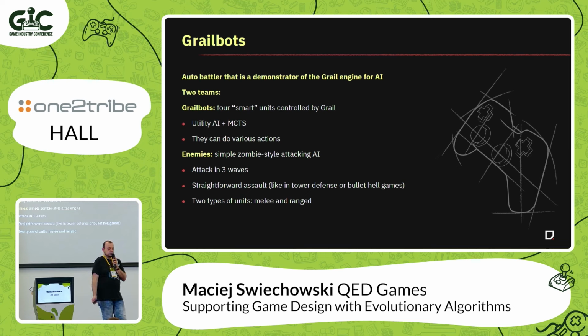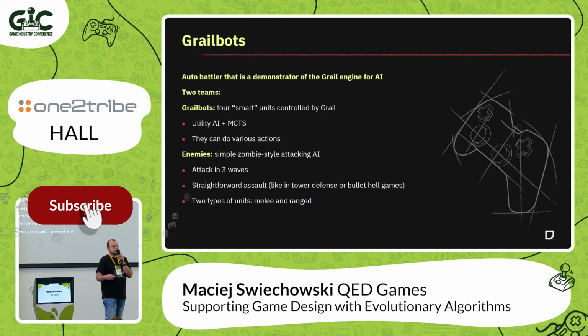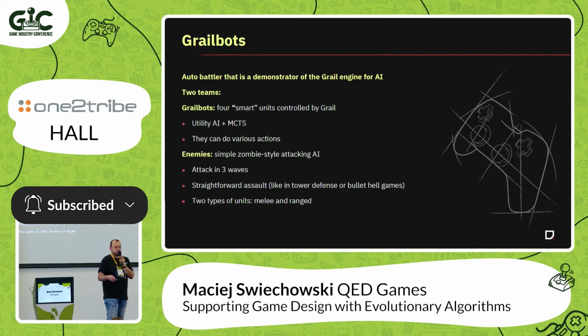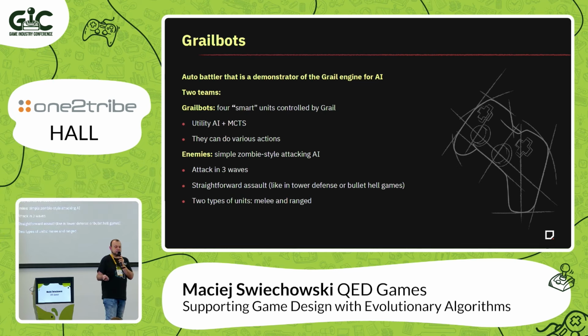And there are 2 types of enemies, melee and ranged, and we wanted to make this game beatable, so that Grailbots beat the enemies, but to make it interesting, we wanted them to beat it by the smallest possible margin. So the best case would be just 1 unit surviving with 1 HP.